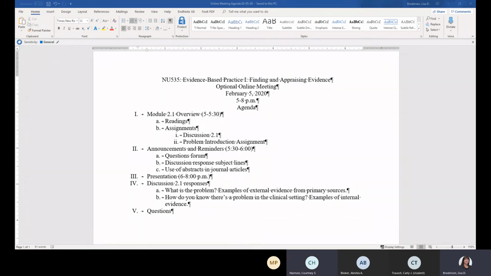Yeah, for intervention, it's going to answer your PICO question. But for the problem introduction assignment, you're going to also want external evidence about the problem of nurses leaving within the first year. So this study is probably not going to provide you with first-hand evidence of that. The researchers have probably described that problem in their introduction, and they've probably cited sources that might give you some clues of where you could find primary evidence of the problem.